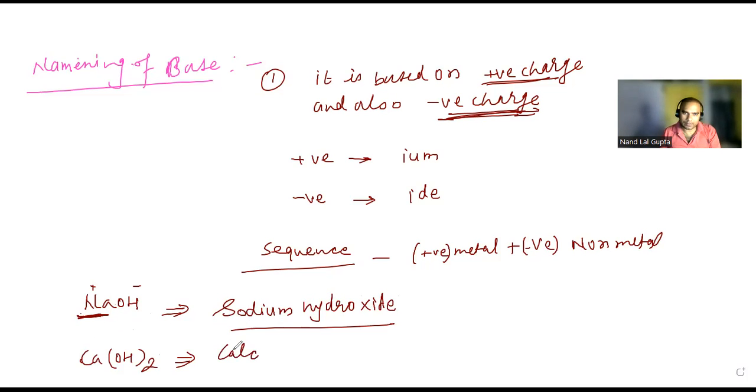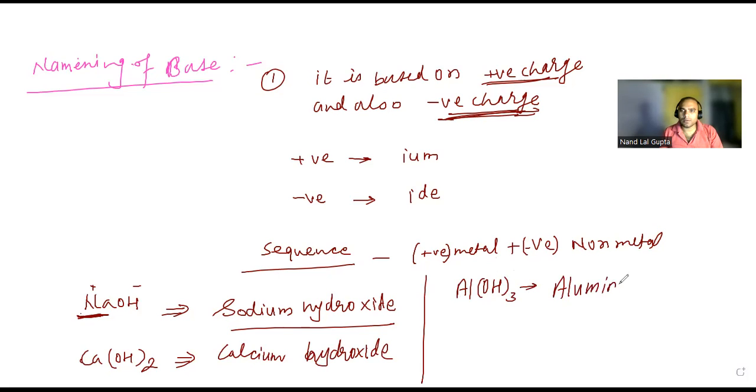And OH is the same, hydroxide. Calcium hydroxide. Very simple, for bases it is too simple. Suppose I am talking about Al(OH)3. So what is Al? Aluminum. Aluminum hydroxide.